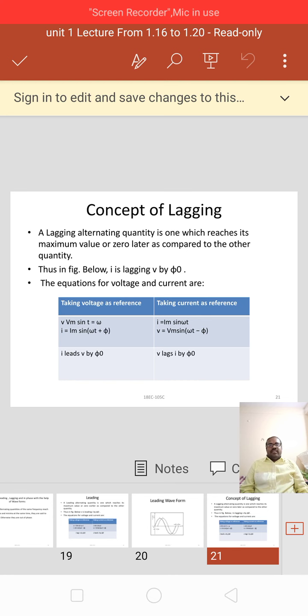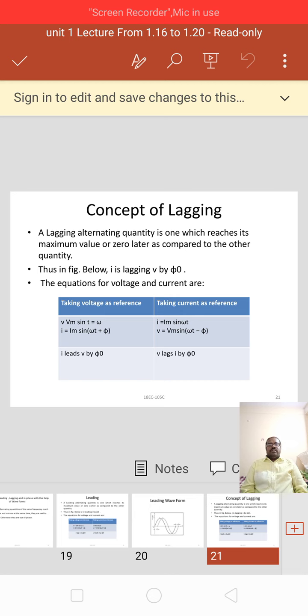Concept of lagging. A lagging alternating quantity is one which reaches its maximum value or zero later as compared to the other quantity. See here, in that previous example, one is the leading quantity and the other is the lagging quantity. The lagging quantity differs from the leading quantity by some value.